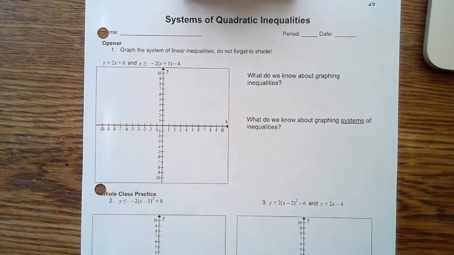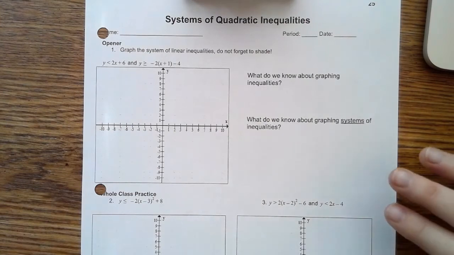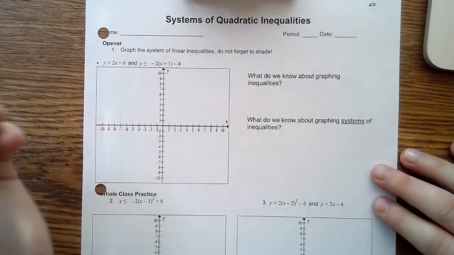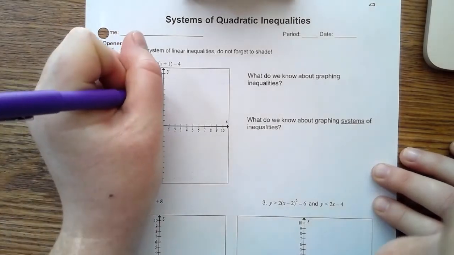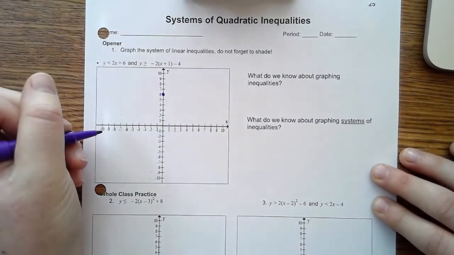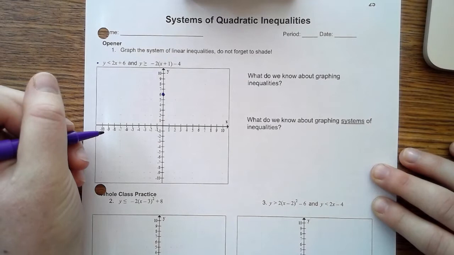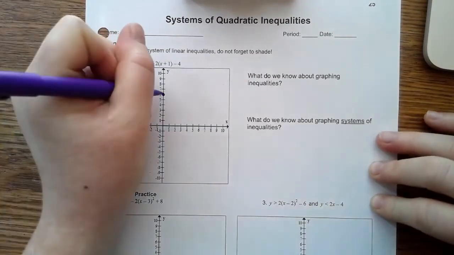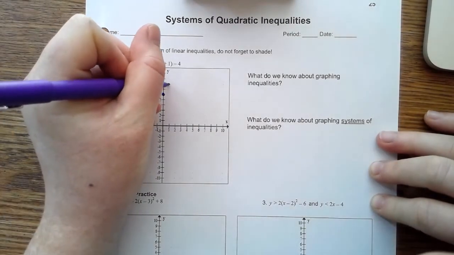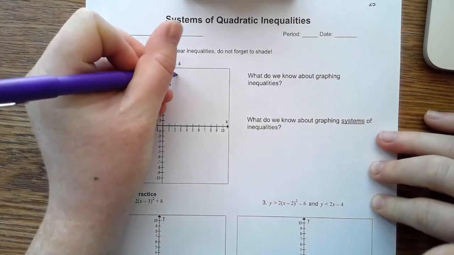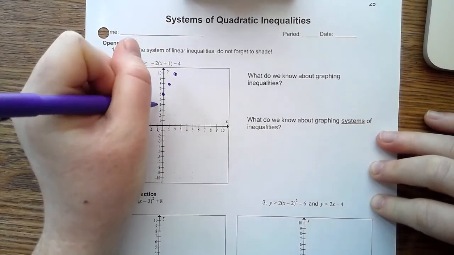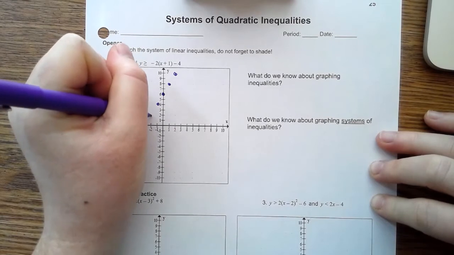Guys, I'm now realizing that there was a printing error with these, so you can't really see my lines. I'm going to do my best to graph these, so just bear with me. So this first one, 2x plus 6, so that's here. And I'm going to go up 2 over 1, up 2 over 1, down 2 over 1, down 2 over 1.